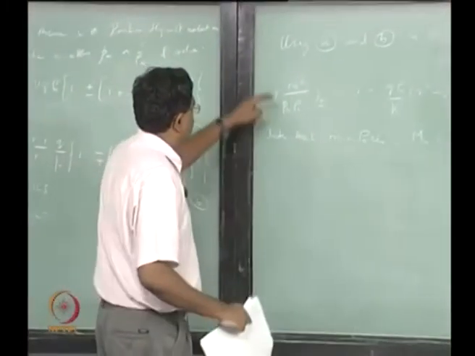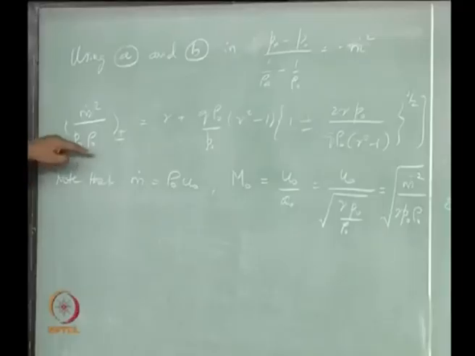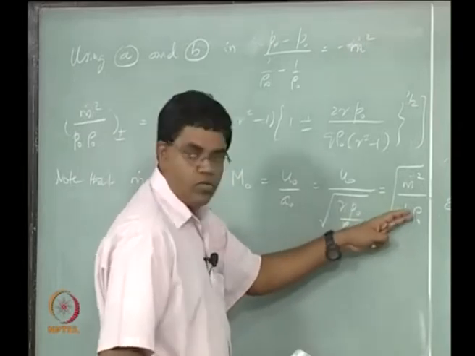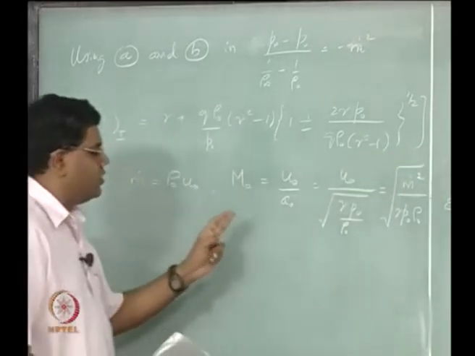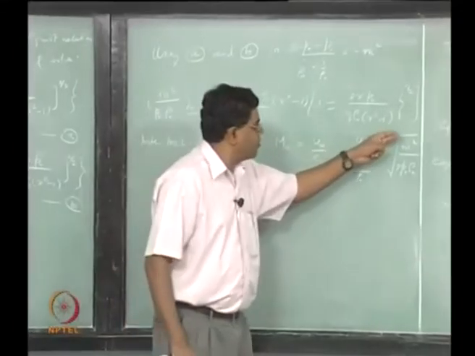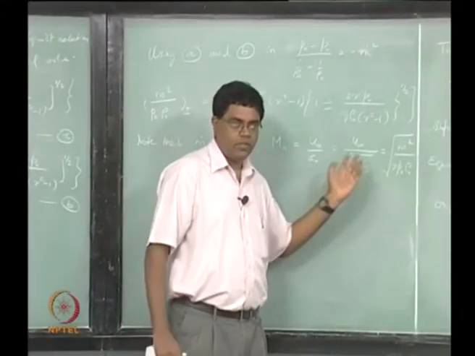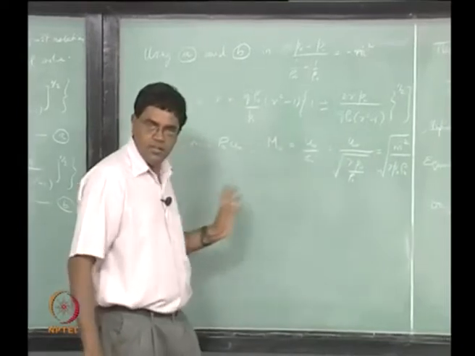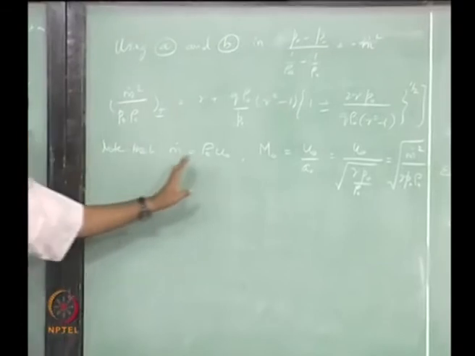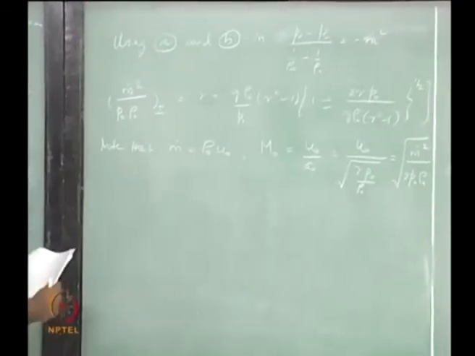So we had m dot squared by P naught rho naught, and then we are looking for m dot squared by gamma P naught rho naught under square root, which is your Mach number, so M naught squared is m dot squared divided by gamma P naught rho naught. This is something basic, nothing particular about whatever we are doing. It is just putting these things together.